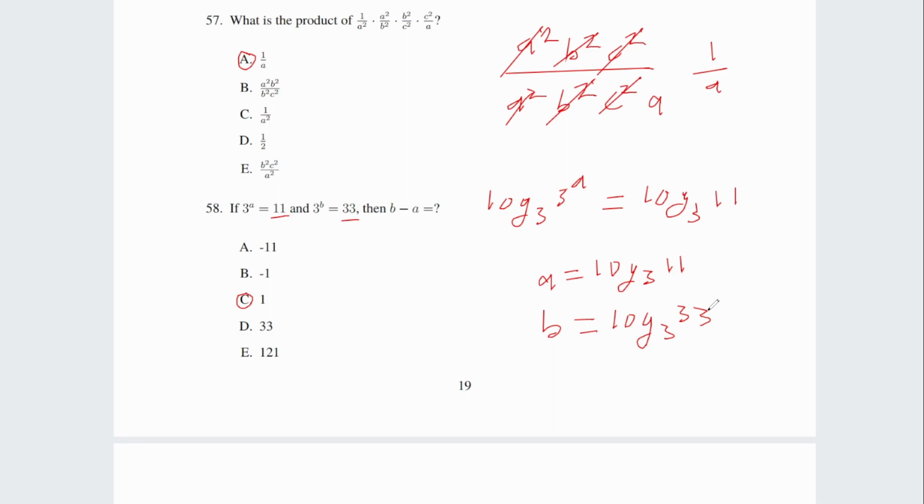Your calculator probably doesn't have variable logarithm bases, but you could just say log base 10 of 11 divided by log base 10 of 3 to get the one number, which is 2.1826 on my calculator, and then say log base 10 of 33 over log base 10 of 3, and I end up with 3.186.